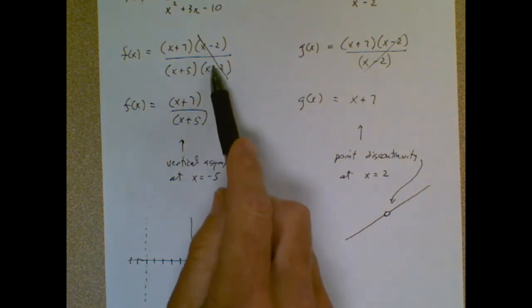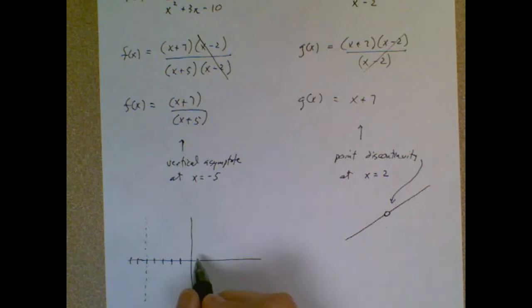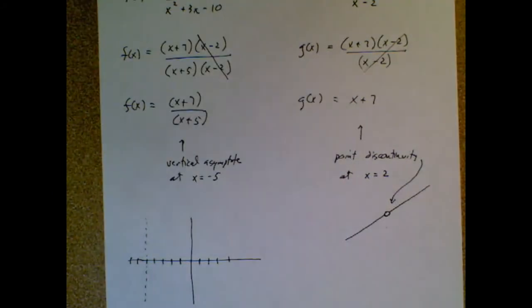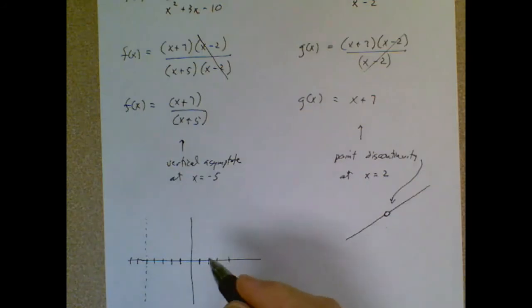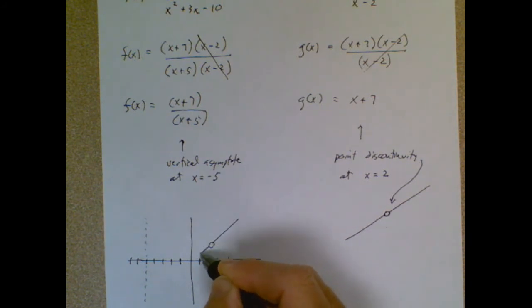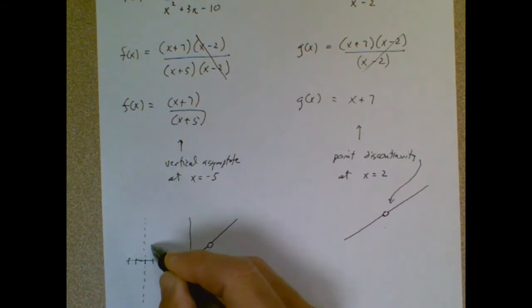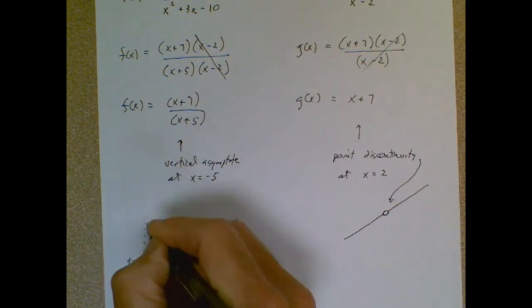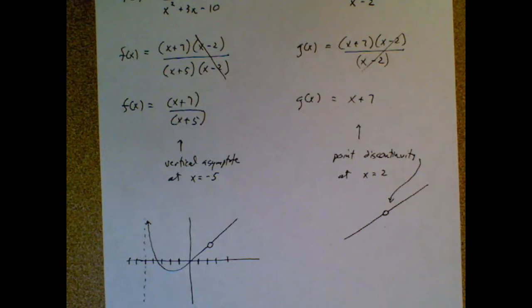I'm still going to have a point discontinuity at x equals 2, so I really don't know what this graph looks like, so I'm just going to make something up, knowing that this is not exactly true. We'll say la da da da da, x equals 2, point discontinuity, la da da da da, vertical asymptote, and it would keep going.